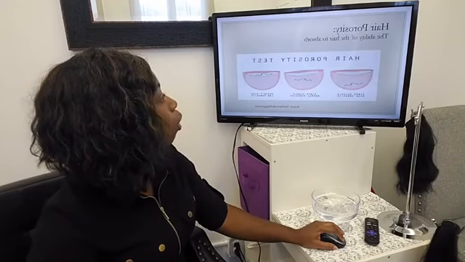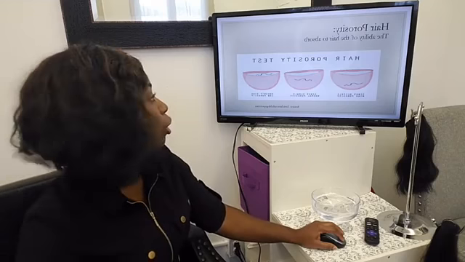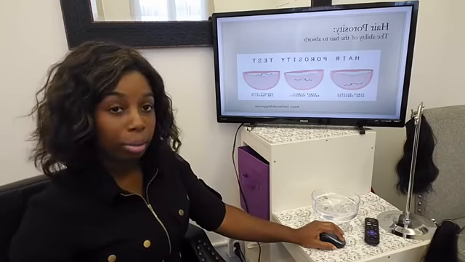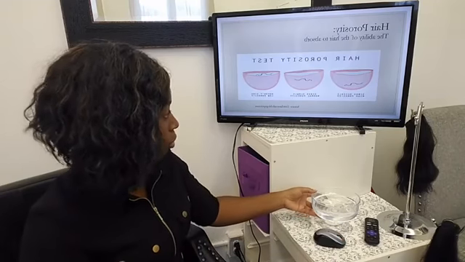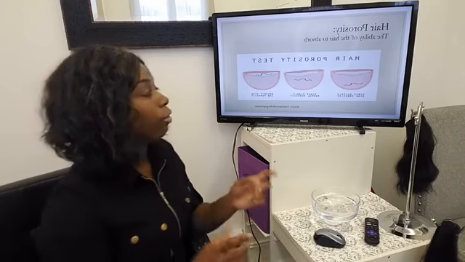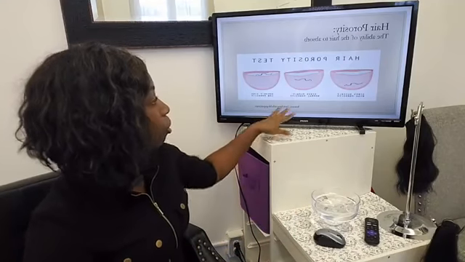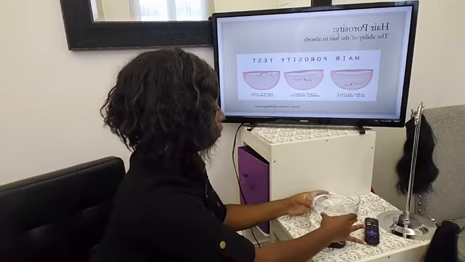So next, hair porosity, which is the ability of the hair to absorb. We kind of hit on that a little bit earlier. So how you can tell if your hair is super porous or not porous at all is to fill up some water, which we have done here.